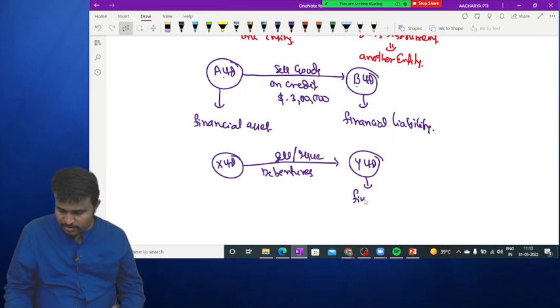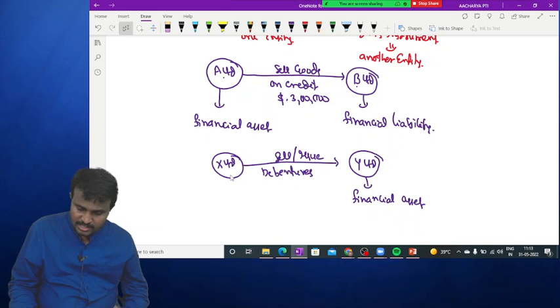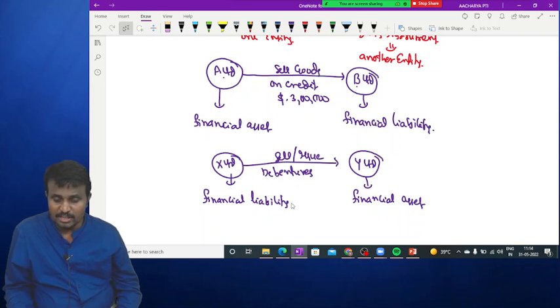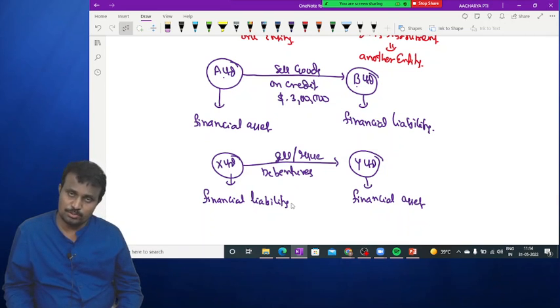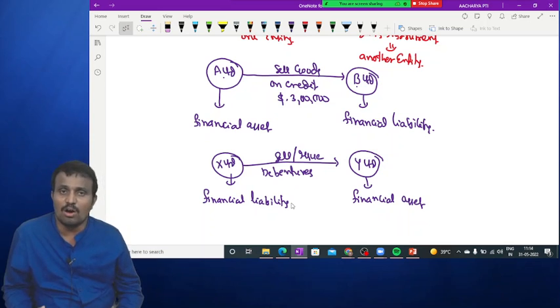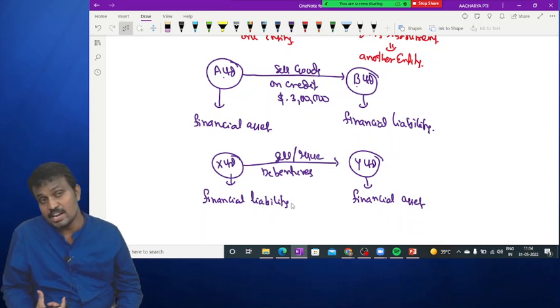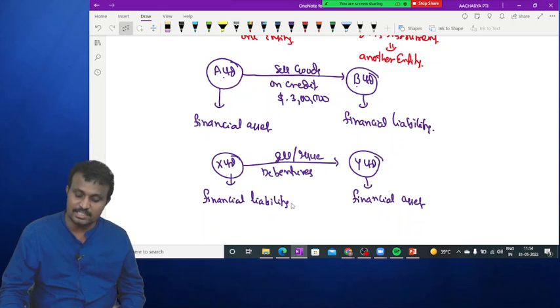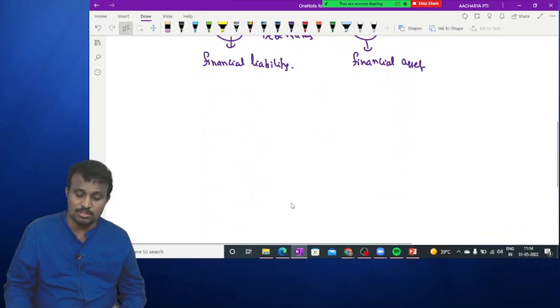So it will become a financial asset to Y Limited. Then to X Limited it will become what? Financial liability. Okay, so it is a contract which gives rise to a financial asset of one entity and a financial liability or equity instrument to another entity.